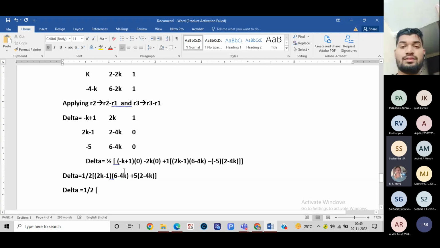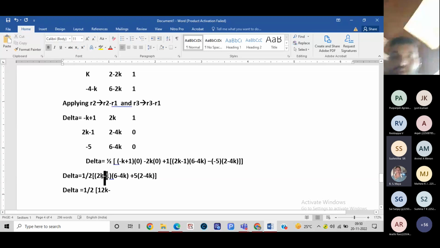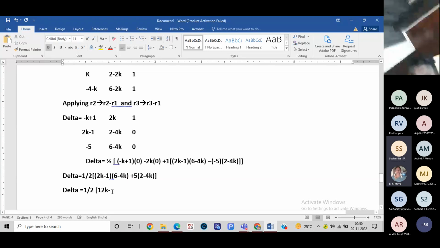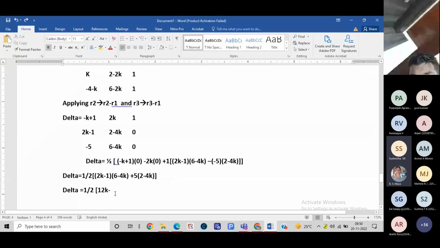So 2 into 6, how much? 12k. 2 into 6, 12k, minus this 2k with 4, 4k. Not k into k, how much? k square. When I'm multiplying, that answer should be 8k square.